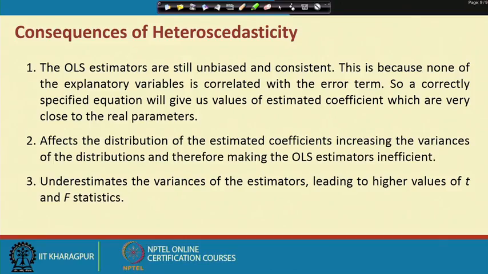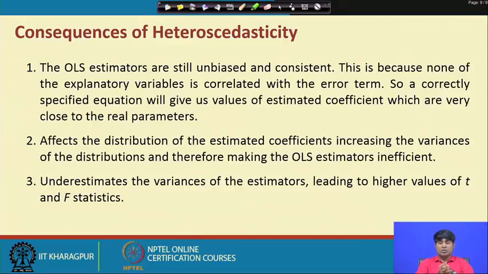For instance, with heteroskedasticity, the parameters will still be unbiased and consistent, but will not give minimum variance; rather, the variance increases. As a result, the standard error is very high, and the parameters are not statistically significant, even though they are unbiased and consistent. That is what the game of heteroskedasticity is all about.